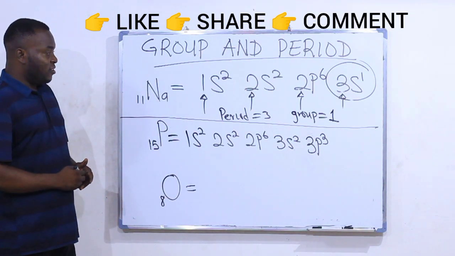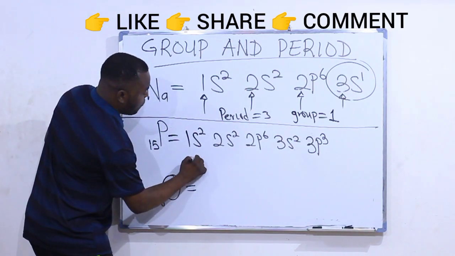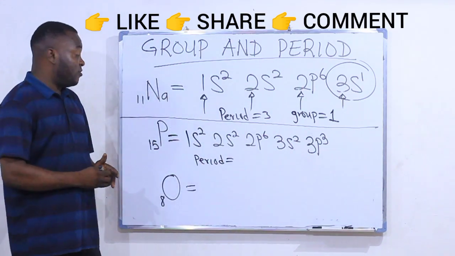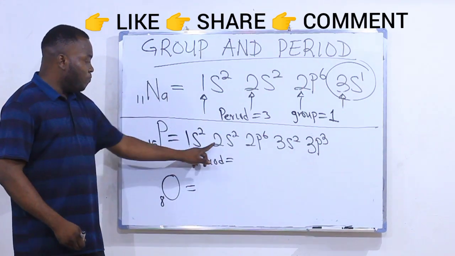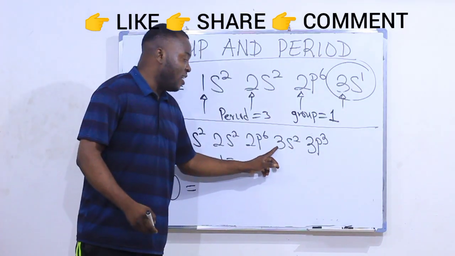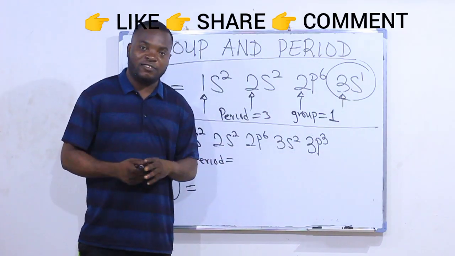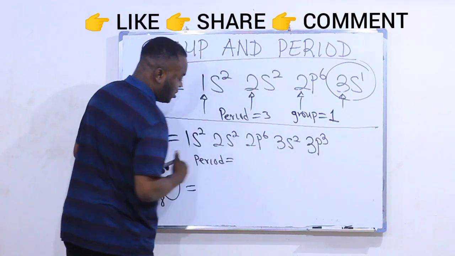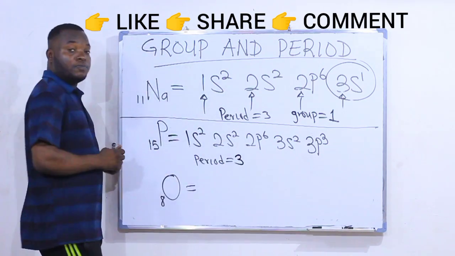Now we can detect the group and the period. For the period, we look for the highest coefficient. The coefficients here are 1, 2, 2, 3, 3. Though 3 is the highest and appears two times, it doesn't matter, just pick one of them. So the highest coefficient is 3, and the period is period 3.